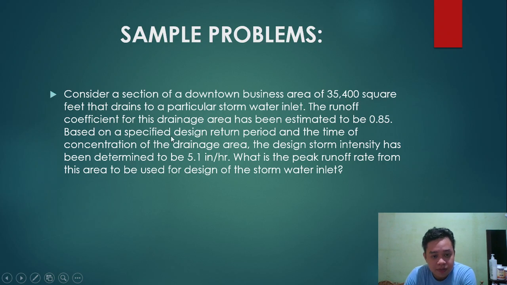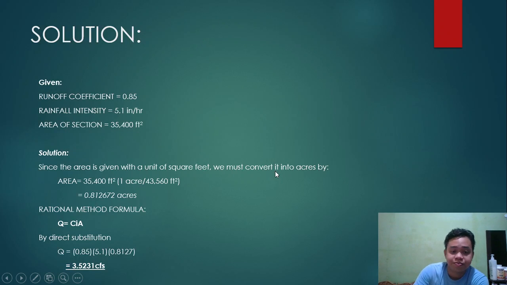Based on a specified design return period and the time of concentration of the drainage area, the design storm intensity has been determined to be 5.1 inches per hour. What is the peak runoff rate from this area to be used for design of the stormwater inlet?